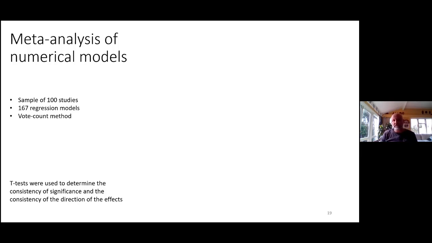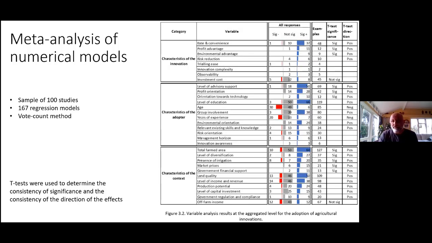So I'll show you a table that might look a bit scary, but we'll tackle it, and I'll explain what I've done here. If we take as an example the very first one, convenience, it's in the category of characteristics of the innovation. In this case, there were 48 examples identified where this particular variable was included in the model.